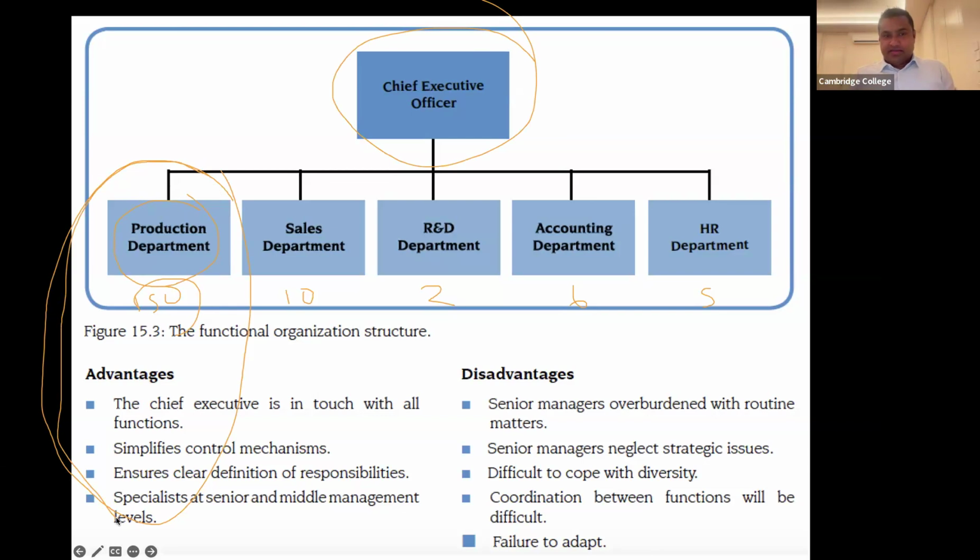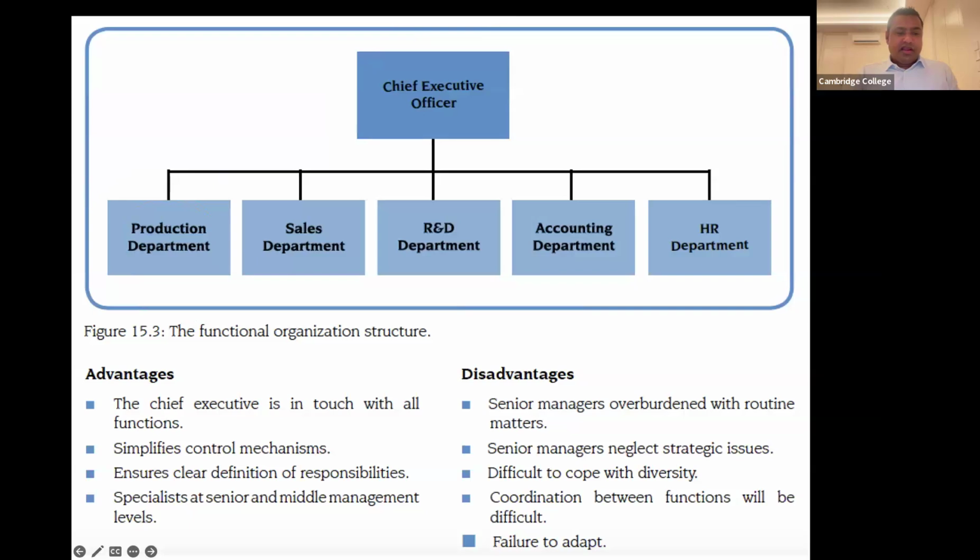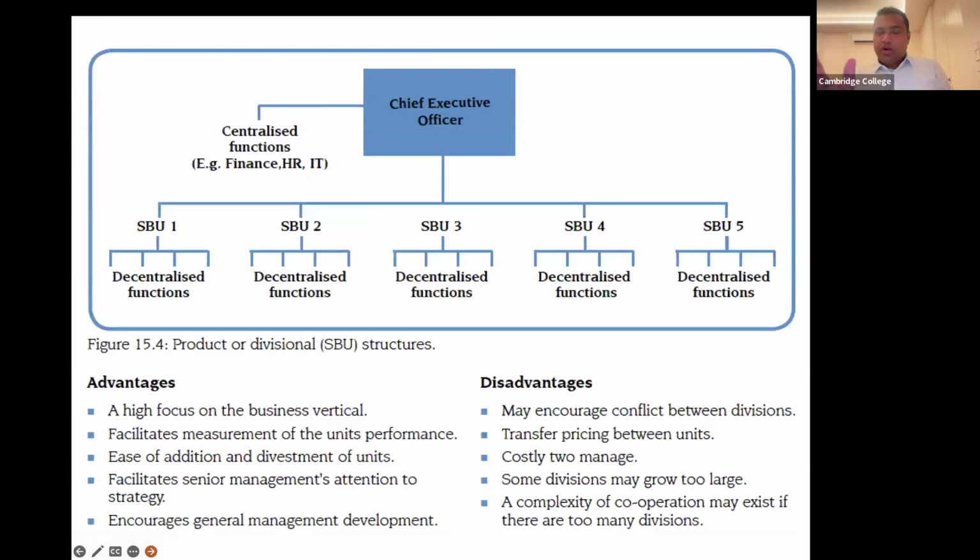You need to break this. If you don't break this structure, then this company will collapse. This guy will lose control. This guy will start his own business and take all of these guys and go, and none of these guys will exist. Right? So what happens then is you quickly move into what we call a product or a divisional structure, where you have decentralized functions and you organize yourself by SBUs.